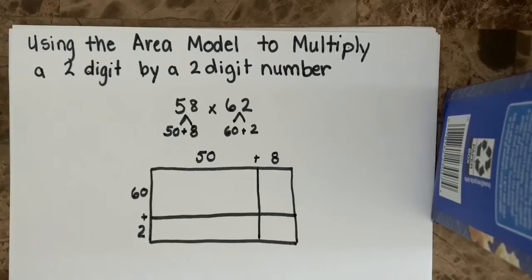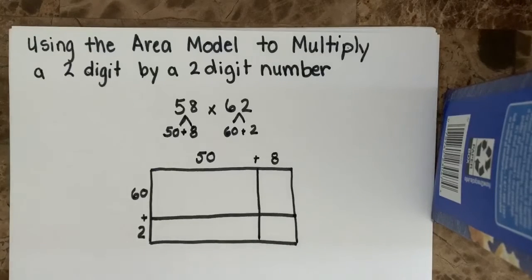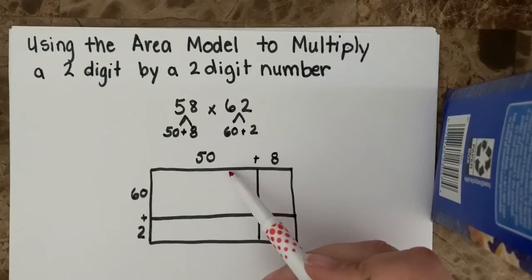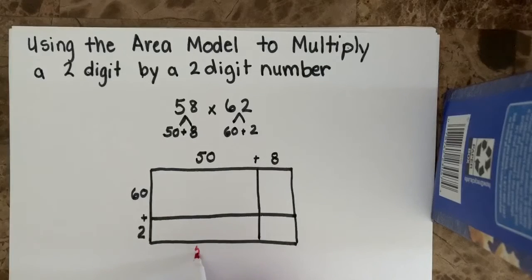Now, this is a rectangle, so I want you to remember that in rectangles, the length of the side across from it has the same value. So if this part of the rectangle is 50, then this part down here is also 50. And if this part of the line is 8, then this part from here to here is also 8.